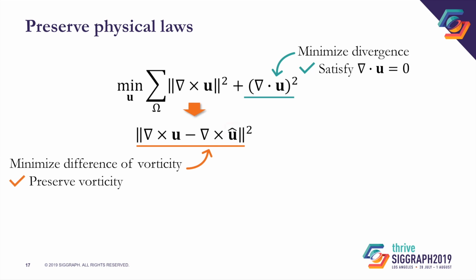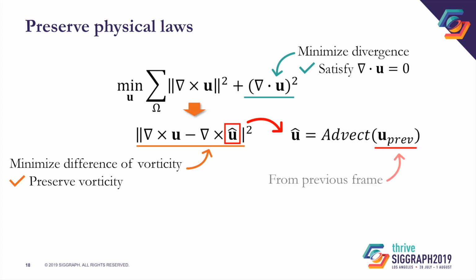In this term, U hat represents the advected version of the velocity that is computed at the previous time step. Therefore, the first term tries to preserve the vorticity throughout the animation.